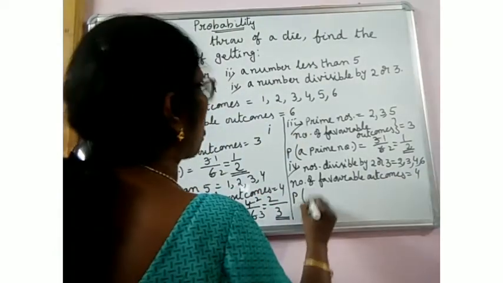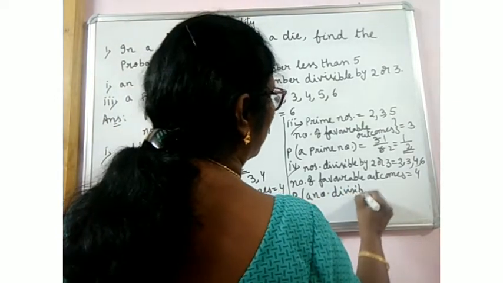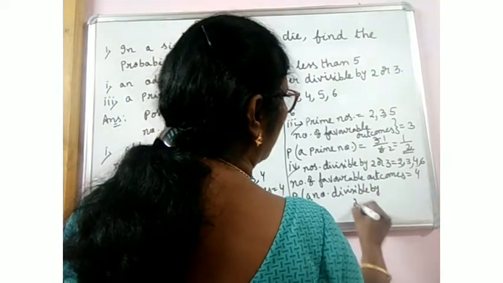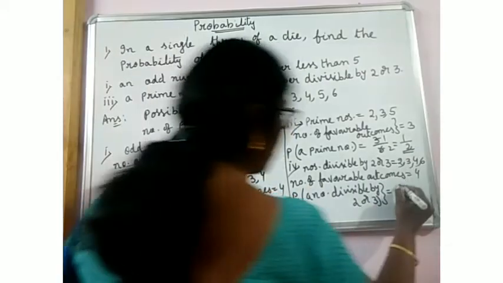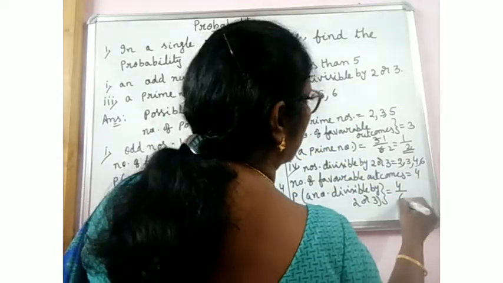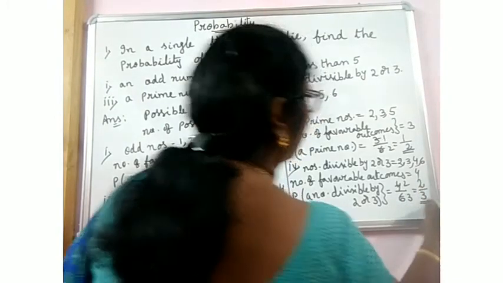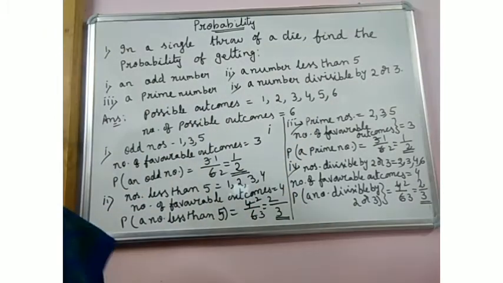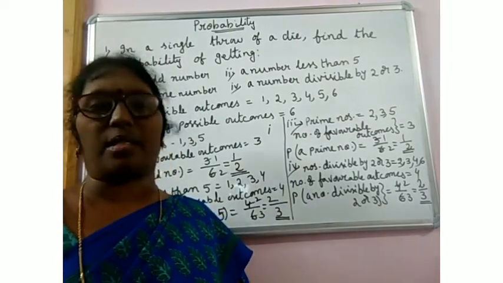So the probability of getting a number divisible by 2 or 3 is, favorable outcomes 4, possible outcomes 6. So 2 by 3. This is how you have to find the probability of the required number.